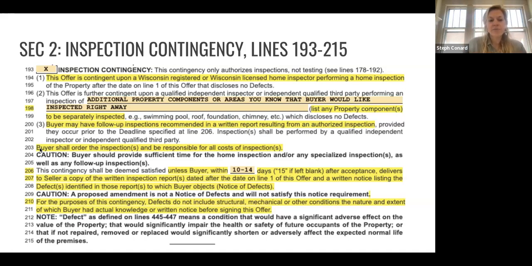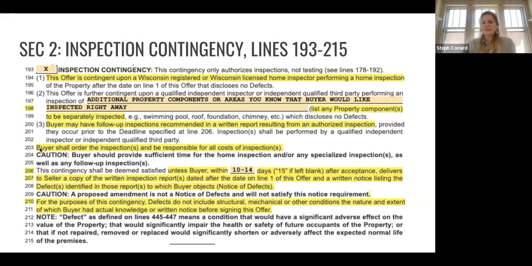So point 3 is buyer may have follow-up inspections recommended in a written report resulting from an authorized inspection, provided they occur prior to the deadline specified at line 206. Inspections shall be performed by a qualified independent inspector or independent qualified third party.